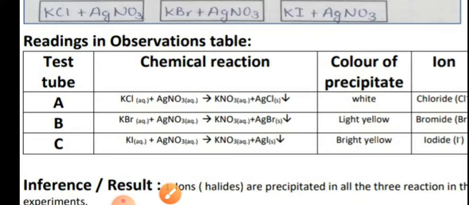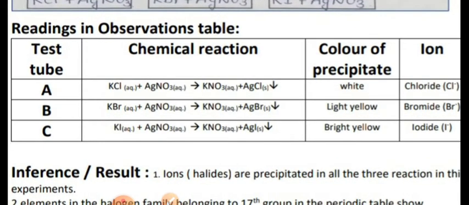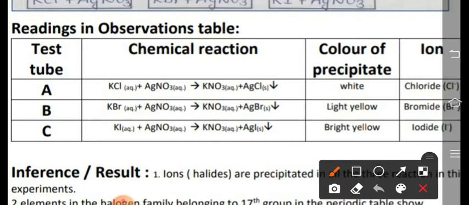Now when you perform this experiment you will get an observation. In that observation you can see test tubes A, B, C and the chemical reactions which happen when we add the chemical in it.